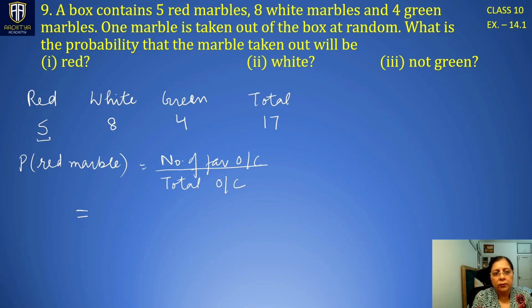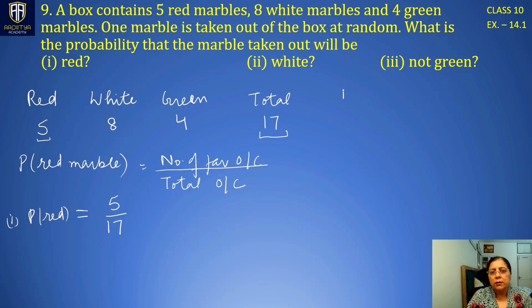It is 5. And if we have to draw red marble, that means our focus is on red marbles. So favorable outcomes are red marbles, which are 5 in number, and total outcomes, total number of marbles in the box are 17. So the probability of getting a red marble is, this is the answer to the first part of this question. Probability of a red marble becomes 5 by 17.